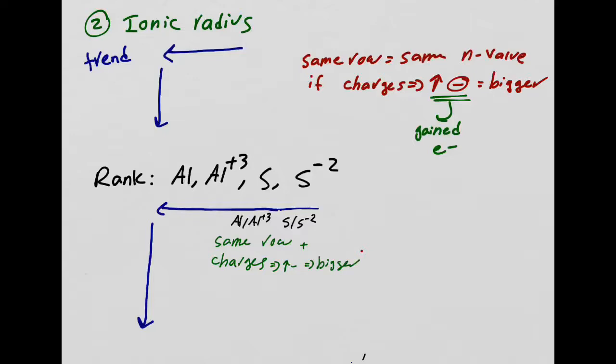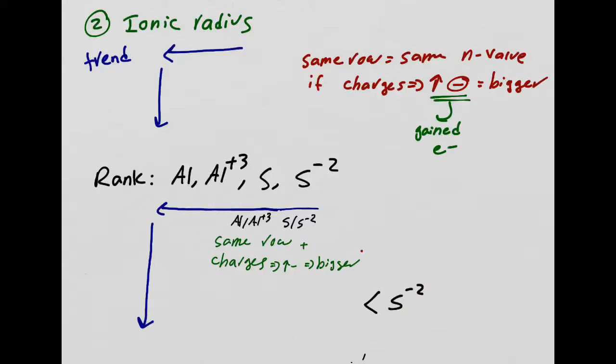So which one is going to be my biggest one? The one that has a minus charge, the S minus 2. So my biggest one is going to be S minus 2.